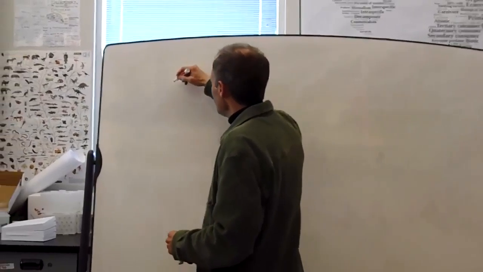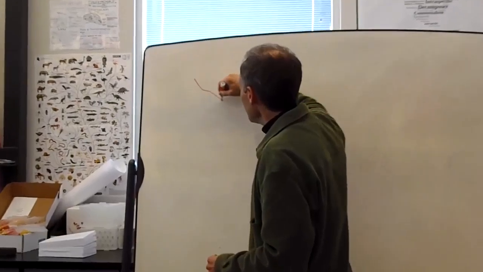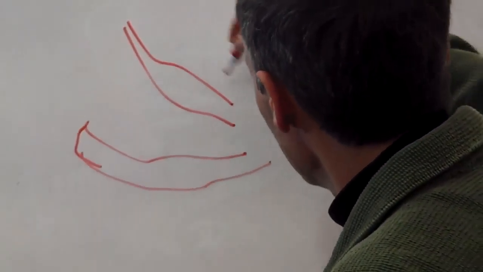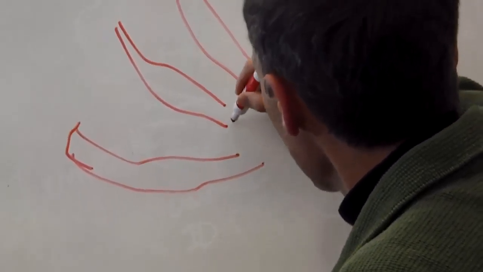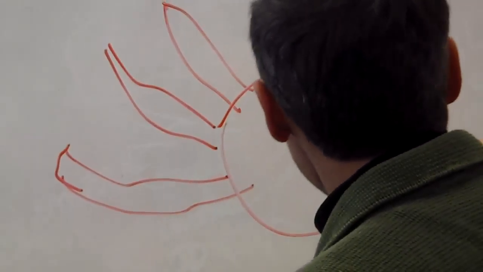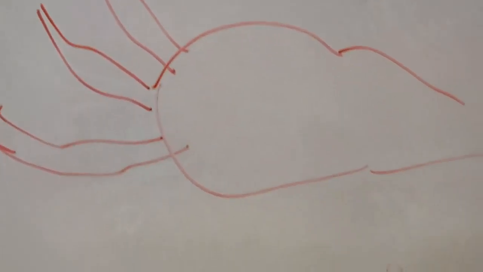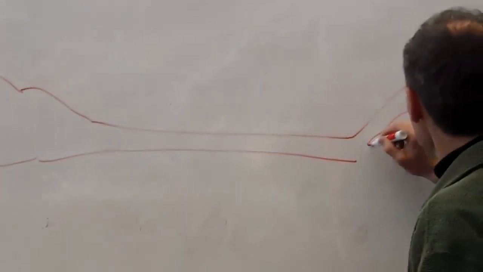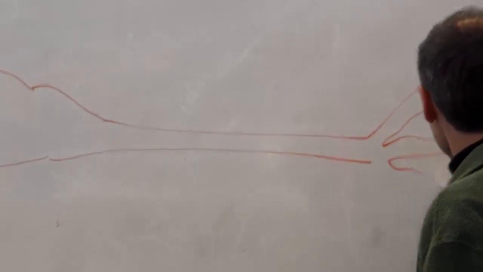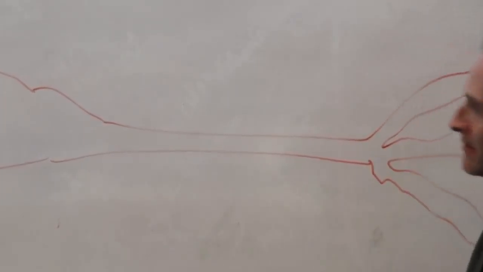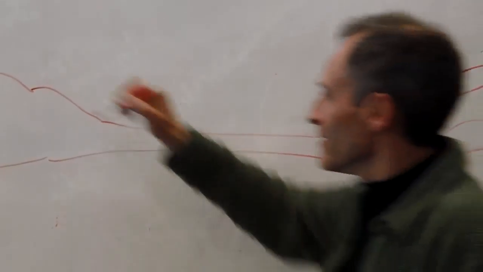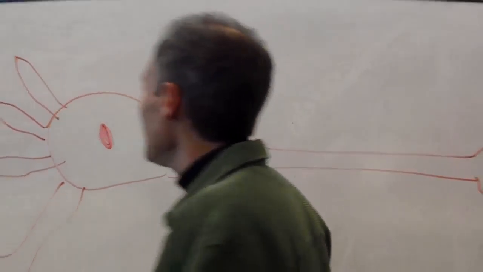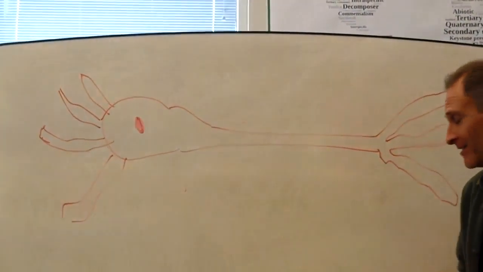But anyway, you basically have these neurons that are going to have these little extensions. All right, so a very, very bad drawing of these things.